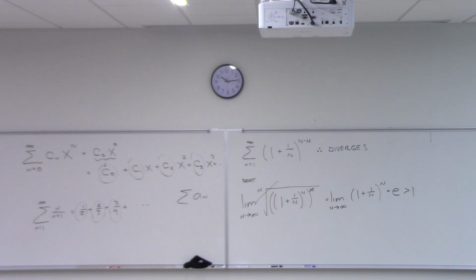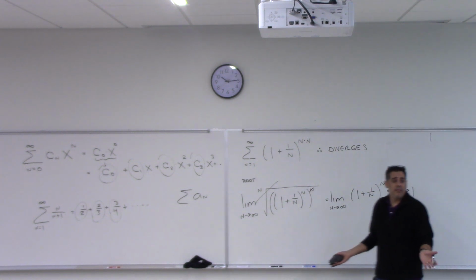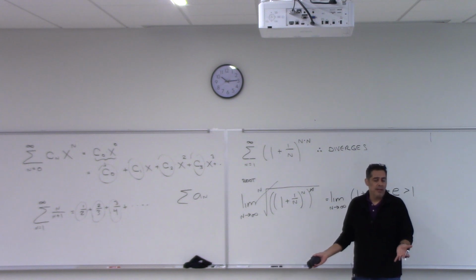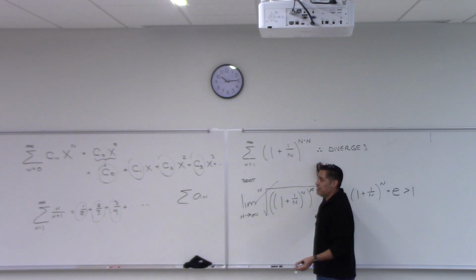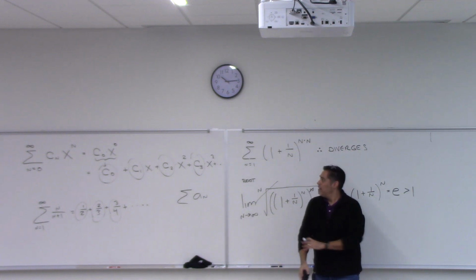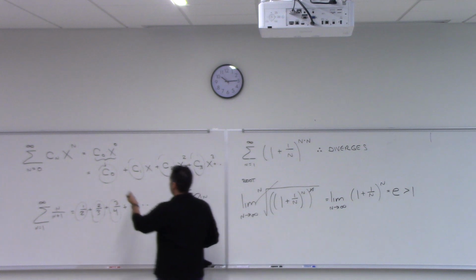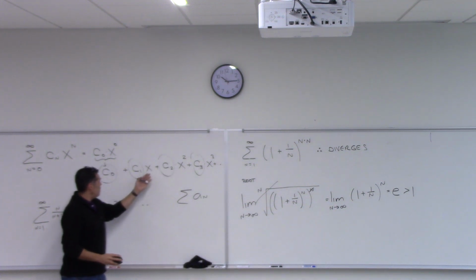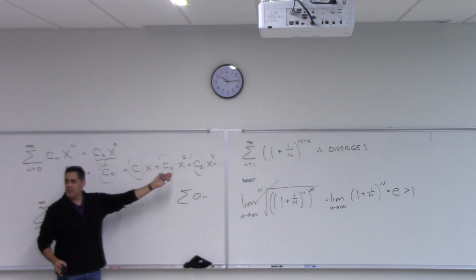I think I already said this, but no, I didn't. So notice that in a power series, we do not know the value of the variable x, right? If x is a variable, then I don't know what x is, do I? It's a variable, which means the convergence or divergence of that series might actually depend on the value of x. If I have this series right here, what if I replace all the x's with zeros?